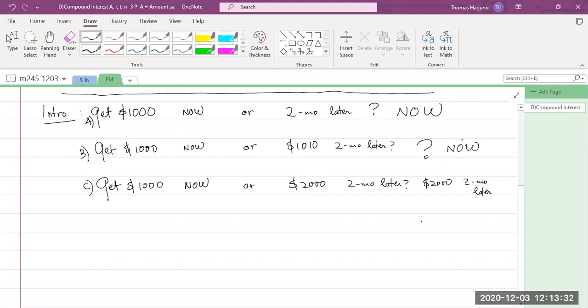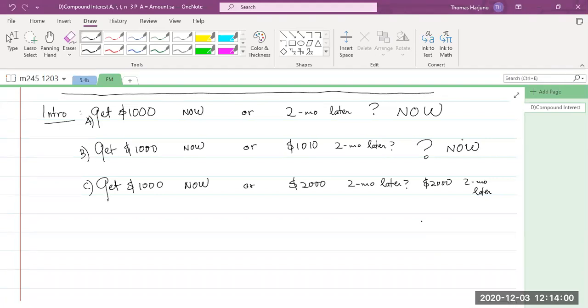Why? With $1,000 right now, I have flexibility, and the lesser stress of being short $1,000 in these 2 months is worth more than $10. So if you ask me $1,000 right now or $1,010 2 months later, I would say give me that $1,000 now.